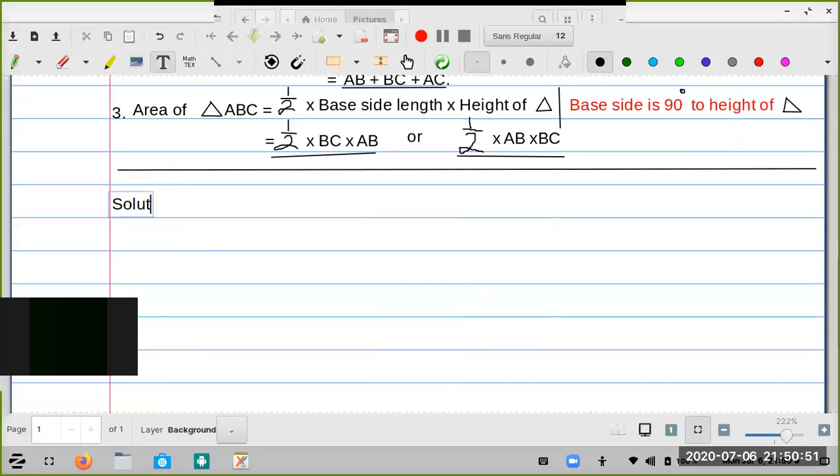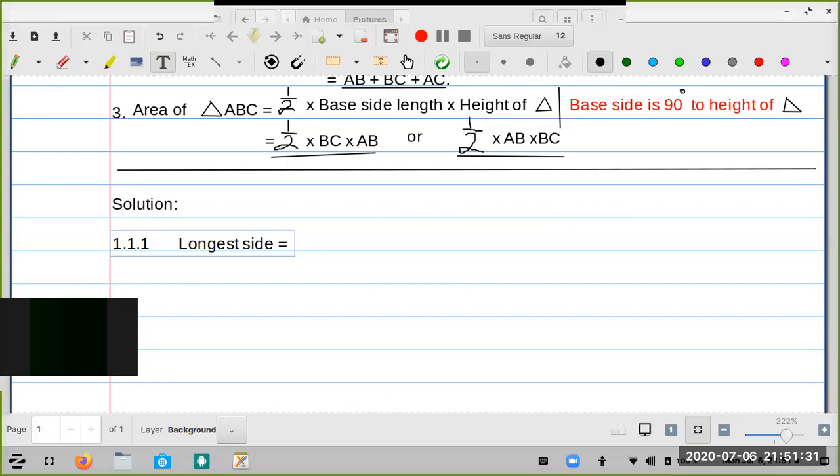Solution, or it's just answer. Now, question 1.1. Like I said earlier on, I'm going to identify the longest side. My longest side is 12.5, and it's MN.